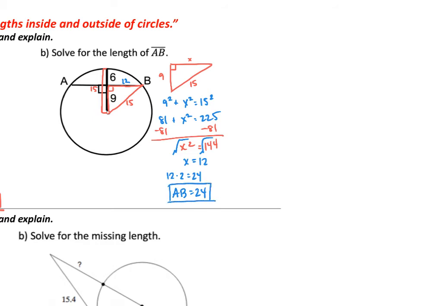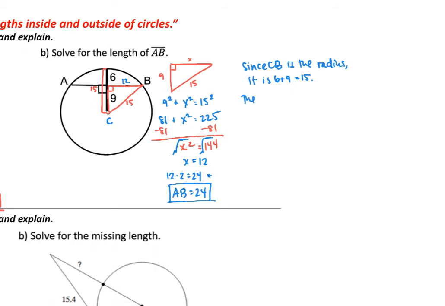So now to explain, I'm going to call this the center C. So I'm going to say since CB is the radius, it is 6 plus 9, 15. And then the next thing we need to explain is basically this, why we multiplied by 2.